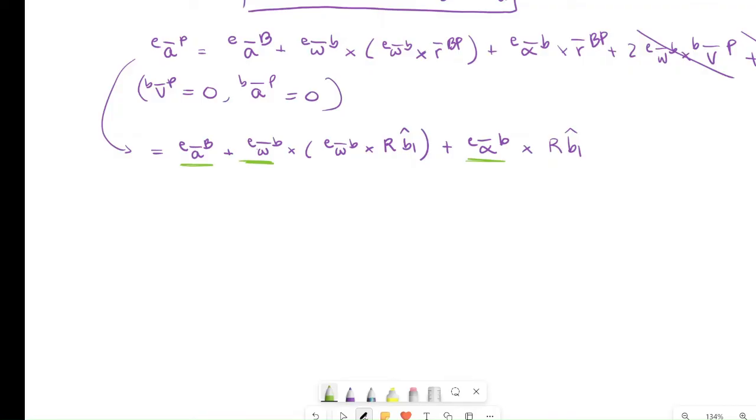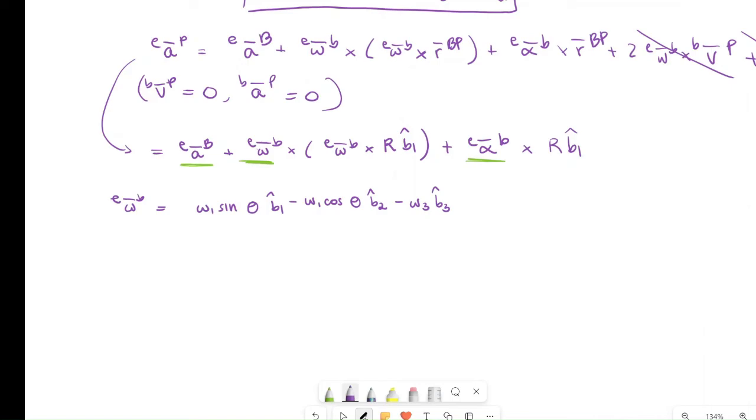I'm going to copy down the expression for the angular velocity of B with respect to E. That one we found to be, this is again a lot from part 1, omega 1 sine theta B1 hat minus omega 1 cosine theta B2 hat minus omega 3 B3 hat. Okay, and that's one of them.